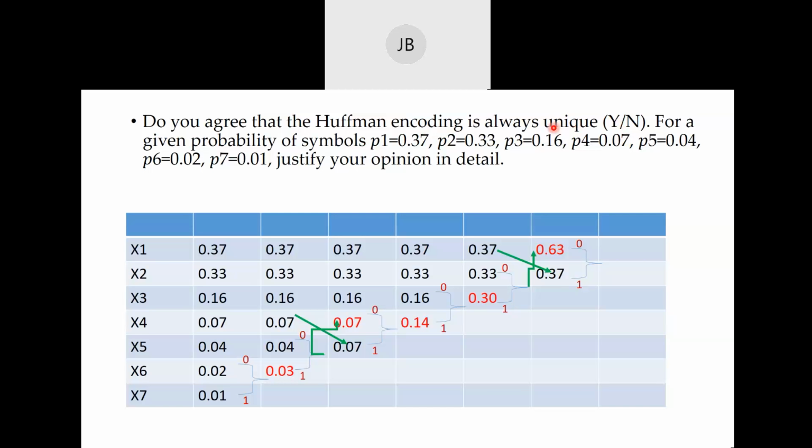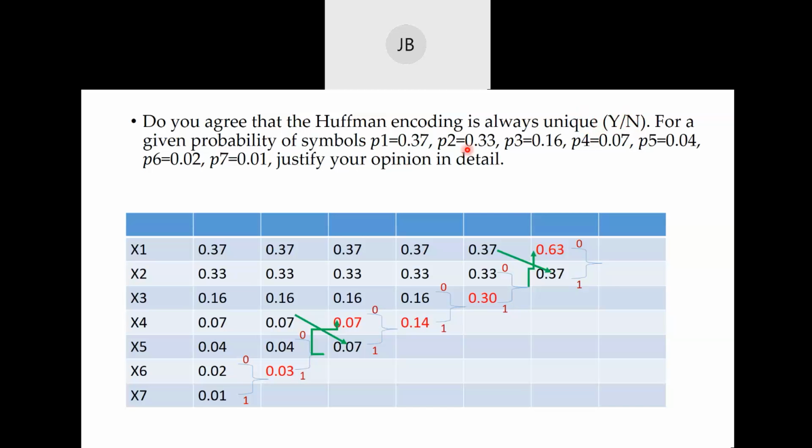So in this question, your understanding of that particular feature of Huffman encoding is tested. I have asked here that part of the understanding, whether it is unique or not. Yes, it is not unique, right? So the answer is no. How to justify that?